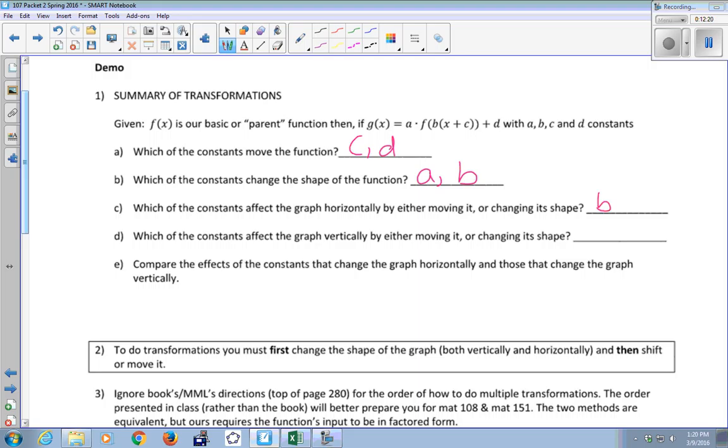Yep, so B and C. Those are horizontal changes because they're affecting x. Which of the constants affect the graph vertically? A and D. A will stretch it vertically, D will shift it vertically. But both of those constants are outside of f, which means that they change f vertically.